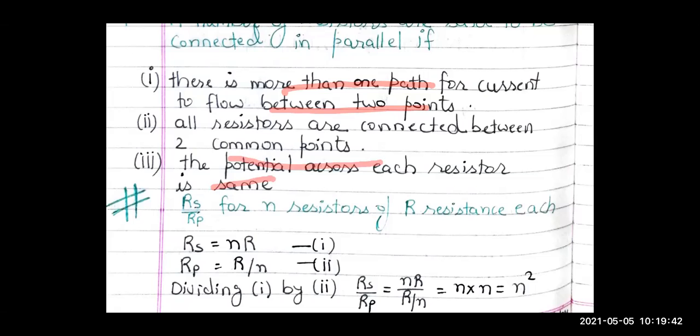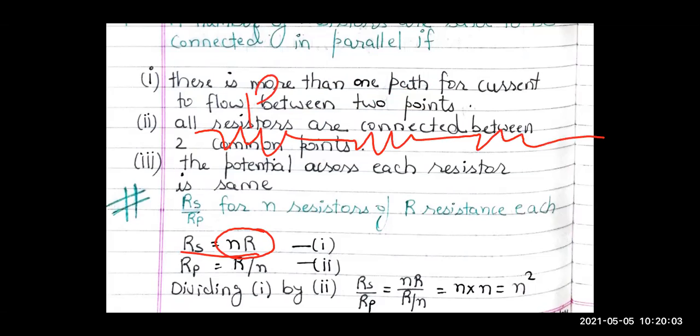Right? Now, you know this equation: if there are n resistors connected in series, each of value R, this is the total resistance. So the formula we calculated was RS equals nR. Similarly, for parallel, we just now calculated the formula, it is R by n.